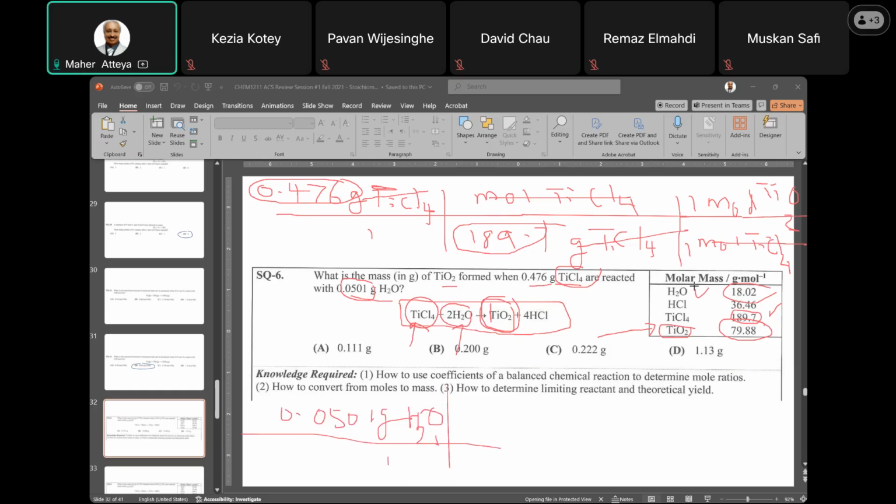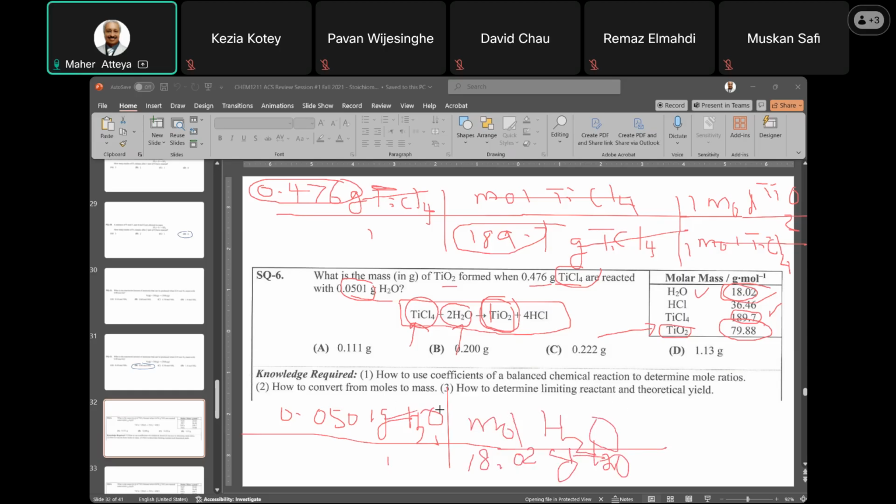So the H2O is 18.02 molar mass. So I have 18.02 grams of H2O per mole of H2O.